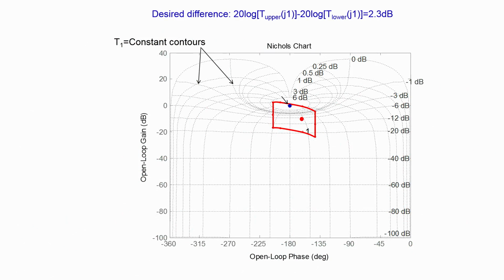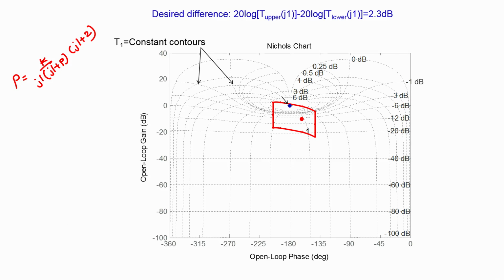So, let us take one particular frequency within this range, and in this particular case I have taken 1 radian per second. Now, at 1 radian per second I would have the plant transfer function P to be essentially equal to k by j1 times (j1 plus p) times (j1 plus 2). Now, we know that the plant gain k and the plant pole location p are uncertain.